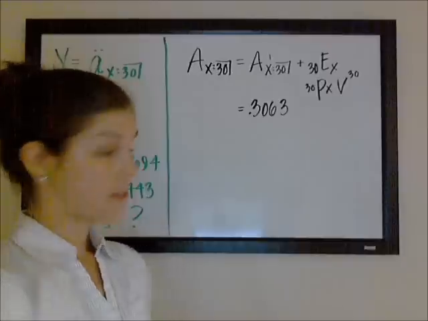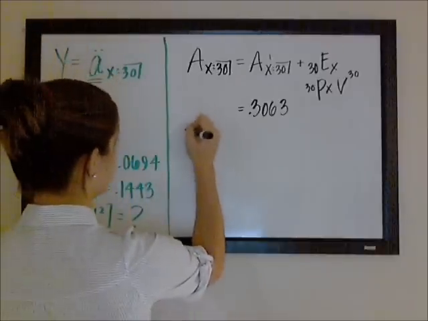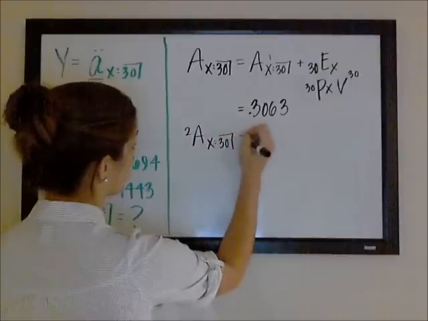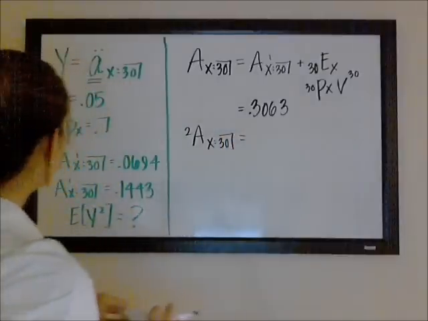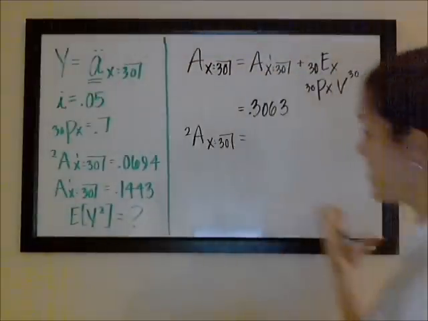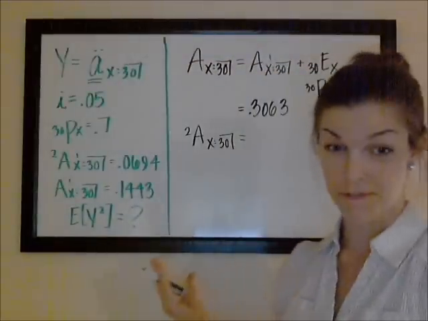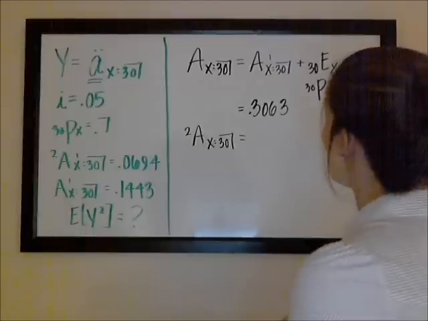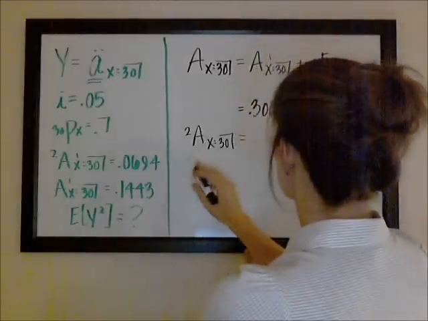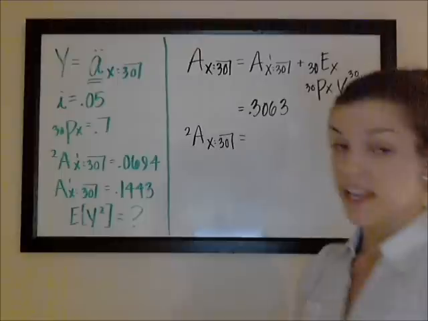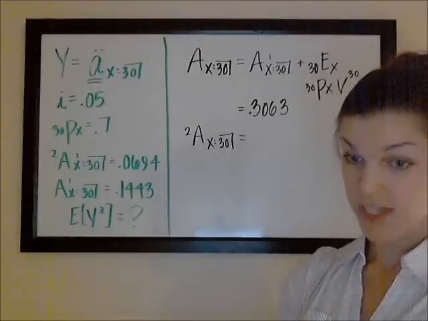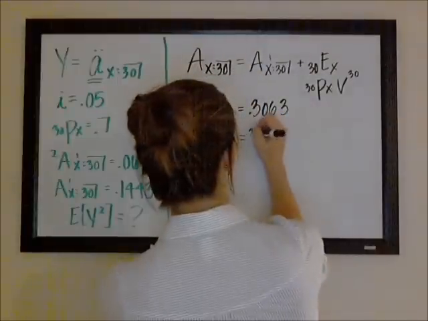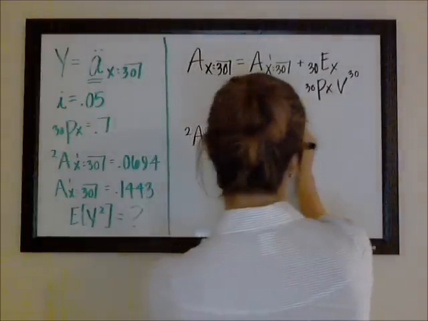Okay, now how about the second moment of that endowment insurance? I sort of took a wild guess here that the same relationship would hold for a second moment, and it does. So that's nice. So the second moment of the endowment insurance is the second moment of the term insurance plus the second moment of the pure endowment insurance. Let me write that out.